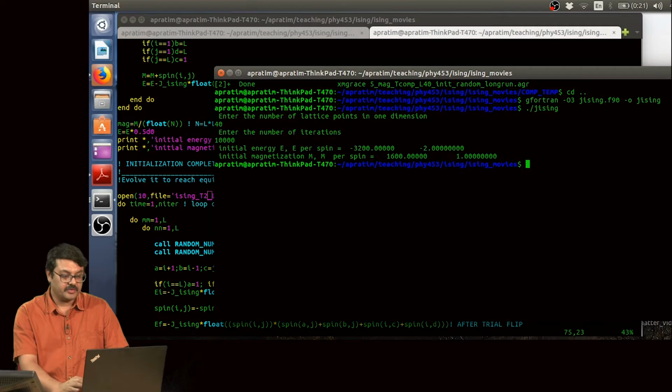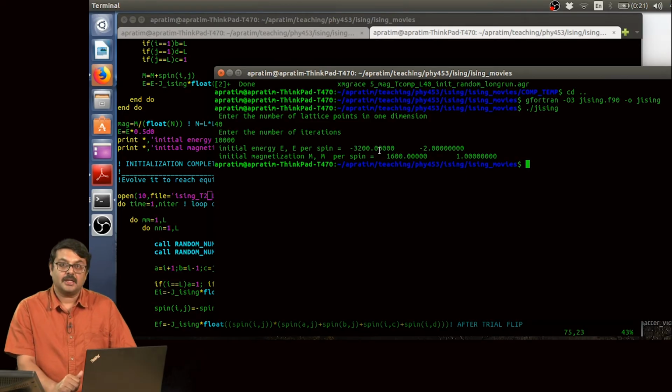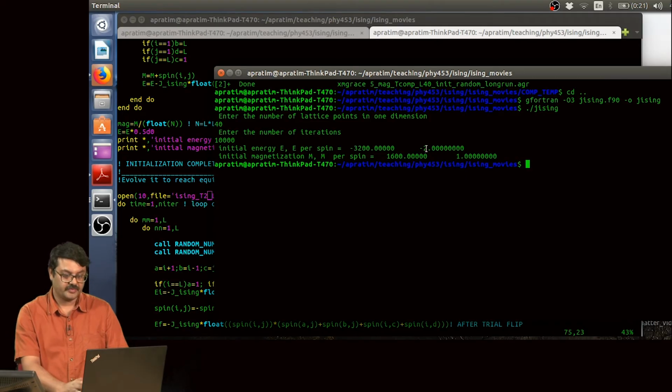Even before we look at the data, note what is written here on the screen. The initial energy for a 40 cross 40 lattice is -3200, all spins were pointing up. So, the energy per spin was -2, which is written here, and you have 1600 spins times -2, which is -3200.